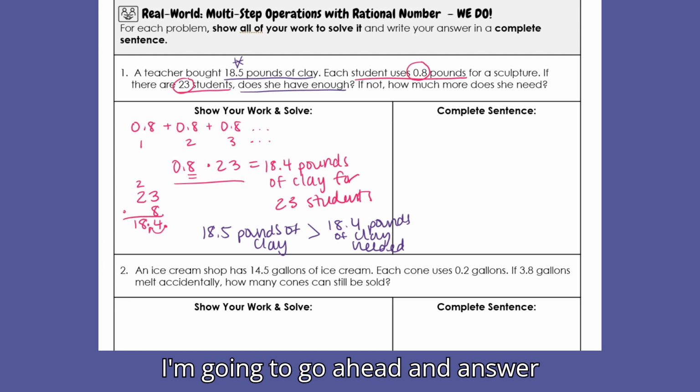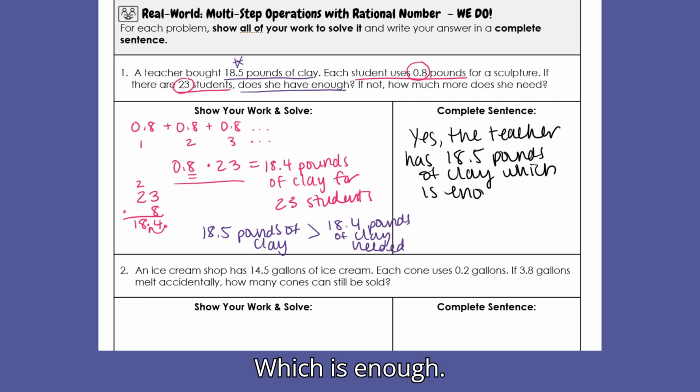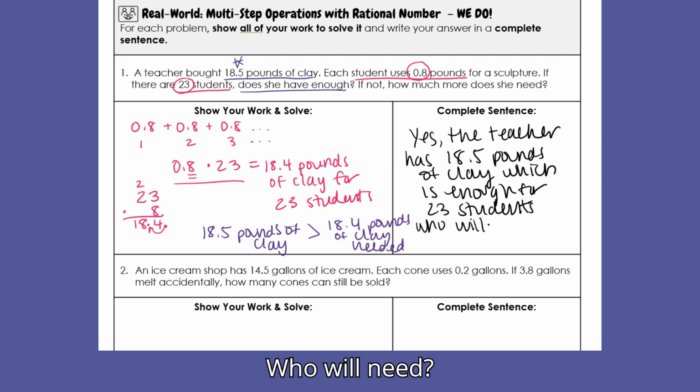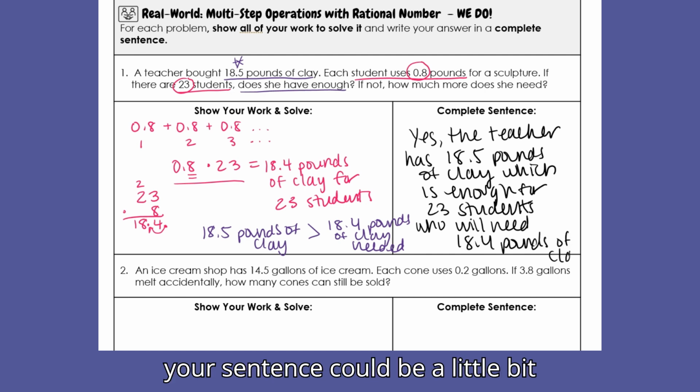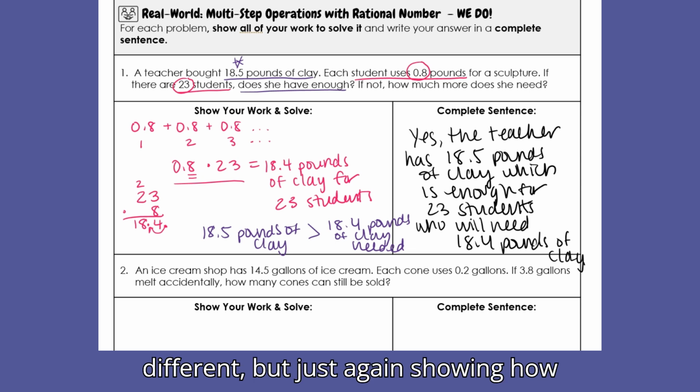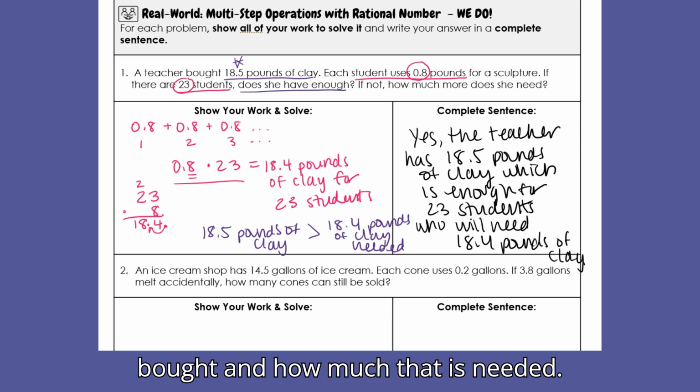So I'm going to go ahead and answer the question, which is: yes, the teacher has 18.5 pounds of clay, which is enough for 23 students who will need 18.4 pounds of clay. Again, your sentence could be a little bit different, but just show how many pounds of clay were bought and how much is needed.